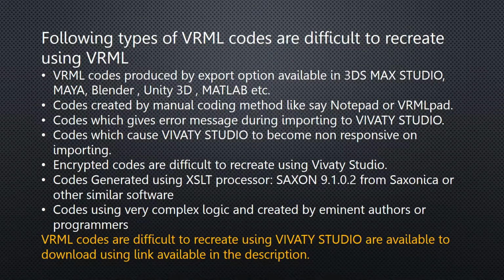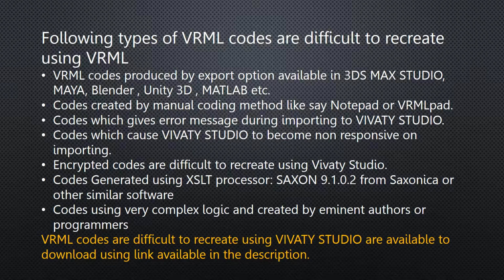The following types of codes are difficult to recreate using VRML. First, the VRML codes produced by the export option available in 3D Max Studio, Maya, Blender, Unity 3D and MATLAB. VRML codes can be produced by many animation software, and they might create some syntax which may not be able to adopt the coding technique of Vivati Studio.